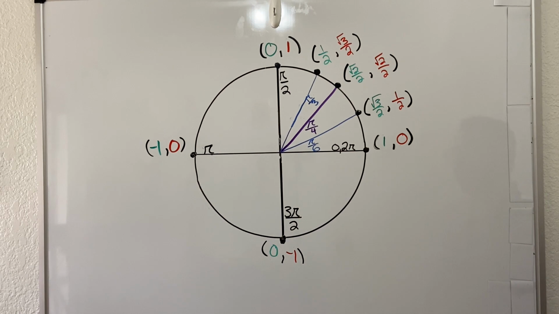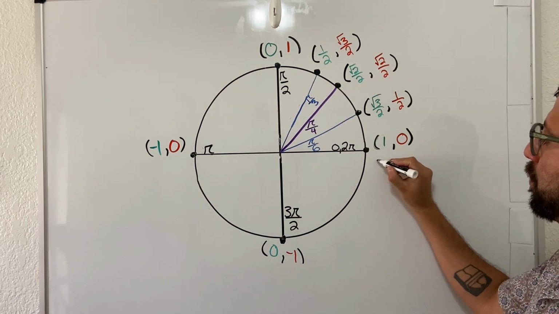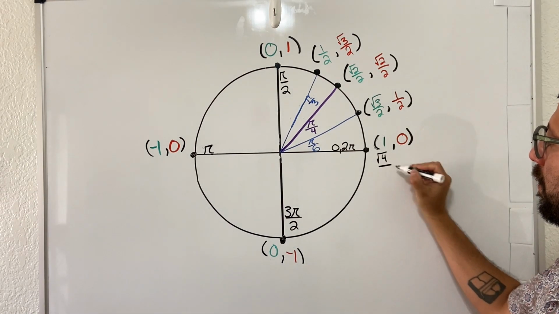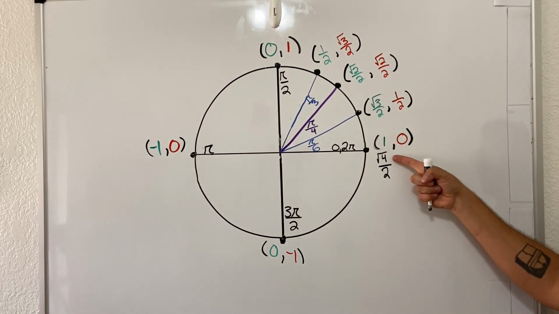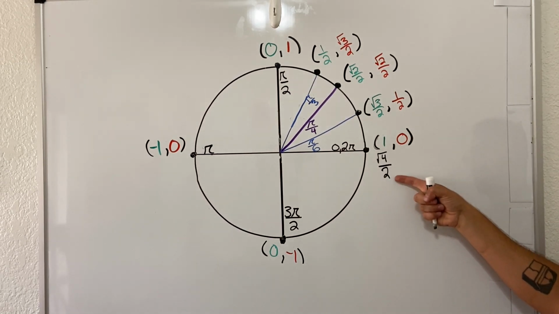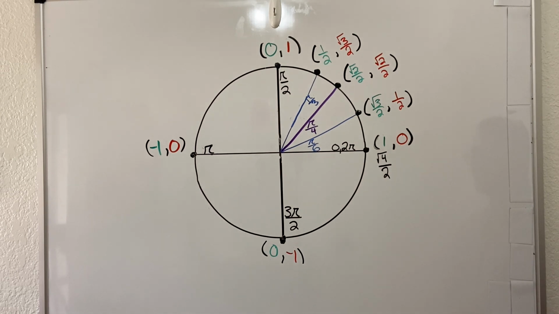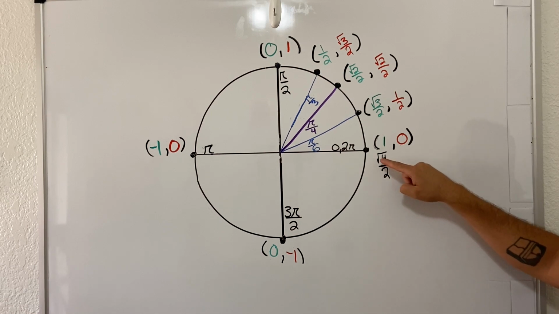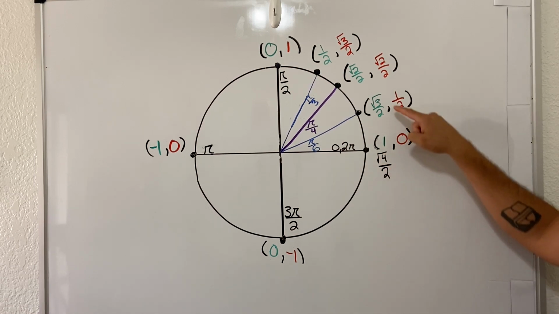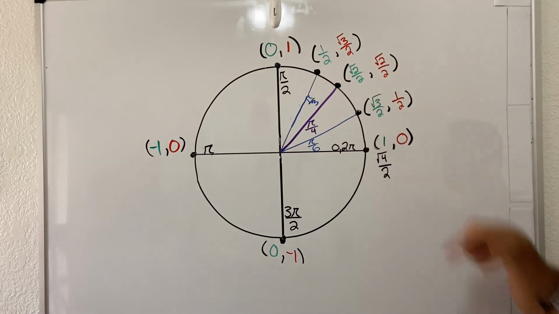Cosine starts at 1, but we could also write that, to make it convenient, as the root of 4 over 2. Because the root of 4 is 2, divided by 2 would give us 1. And the reason I wrote that in that weird way is because, if you notice, we have a pattern where we have a root of something, and every angle, that root just goes down.